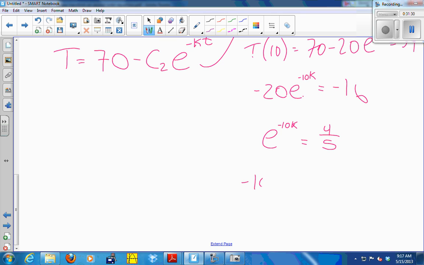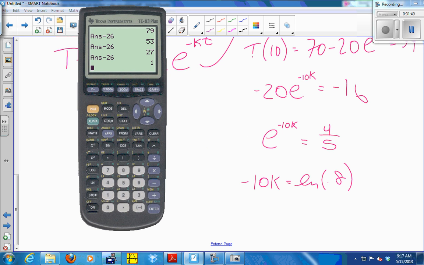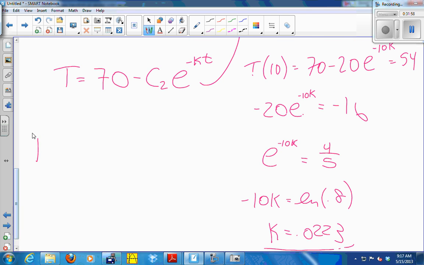Take the ln of both sides, and then divide both sides by negative 10. ln of 0.8 divided by negative 10 is 0.0223. So my final function is T equals 70 minus 20 e to the negative 0.0223 t.